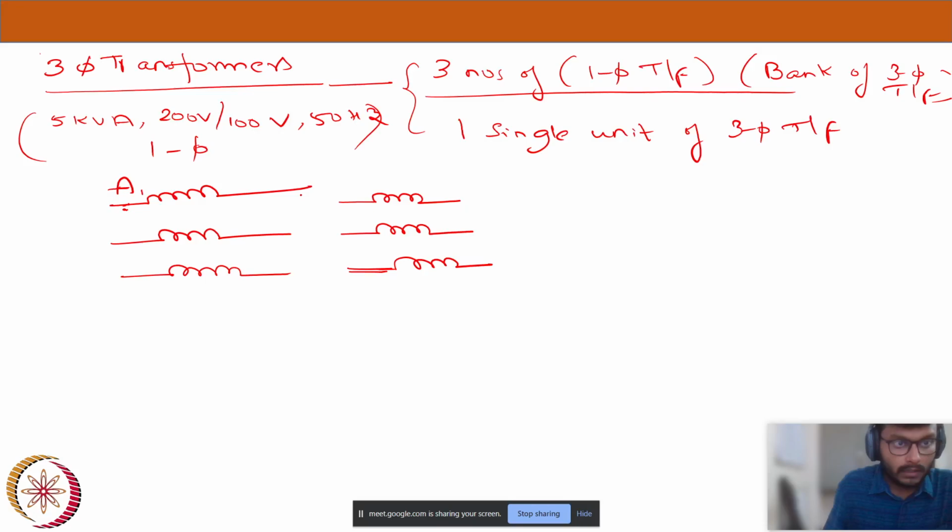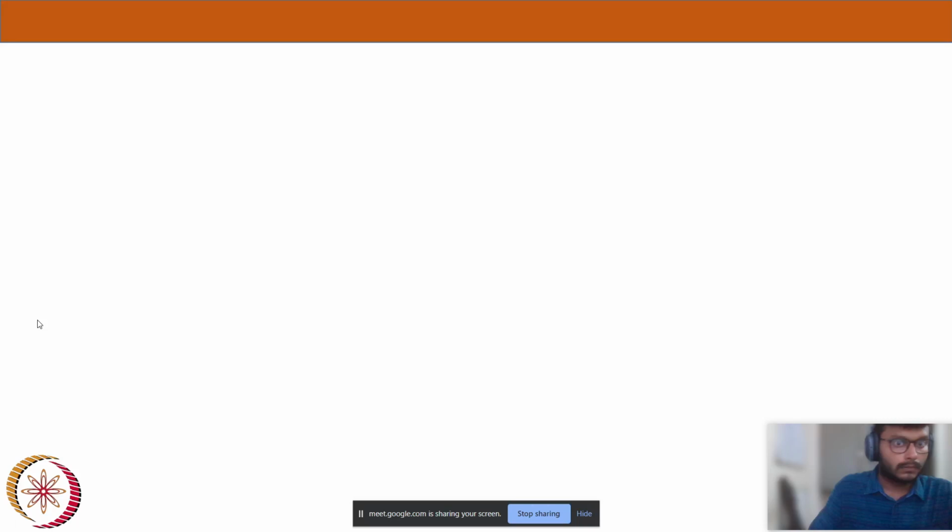The second transformer B1, B2, and small b1, b2, and capital C1, C2. The secondary will be small c1, small c2. So we have used capital letters for our HV side, high voltage side, and small letters for the LV side.